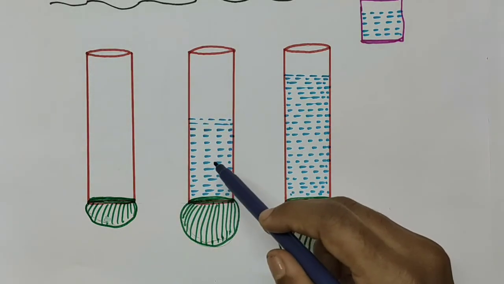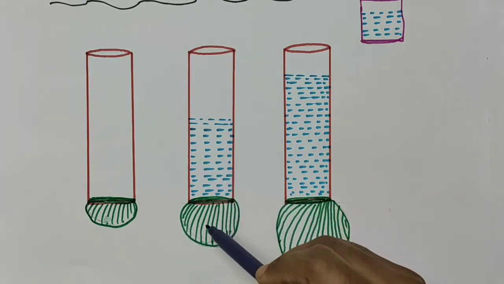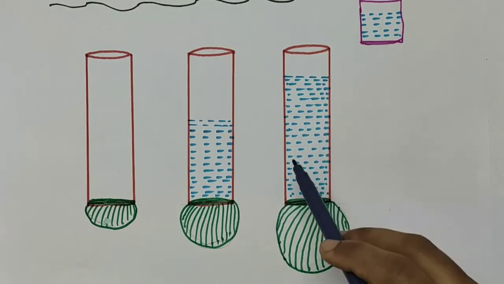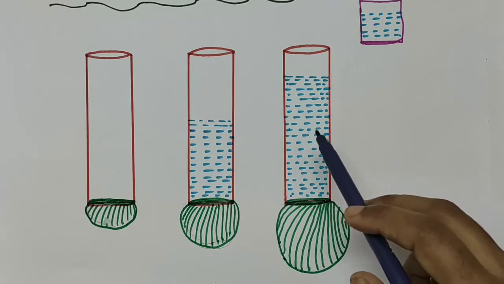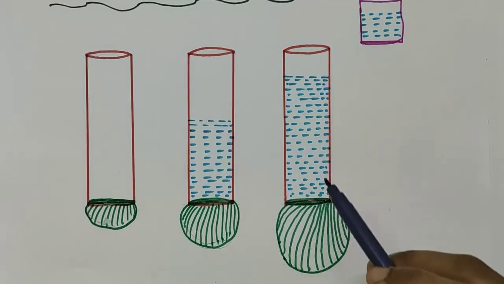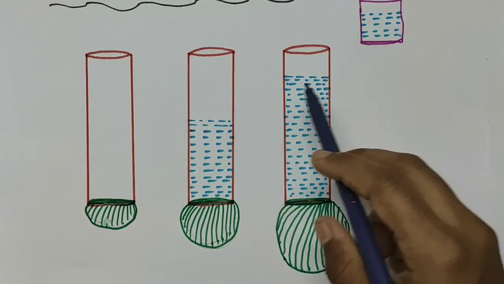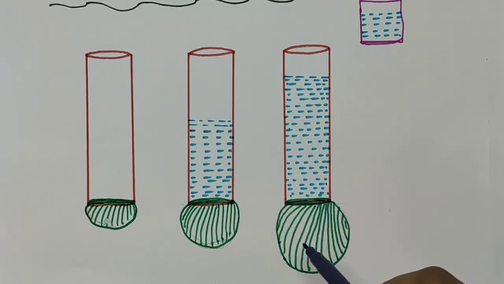Now if we pour some more water, the balloon will bulge even more. If we pour some more water, you see the water level, and the balloon bulges even more. You see the size of the balloon here.